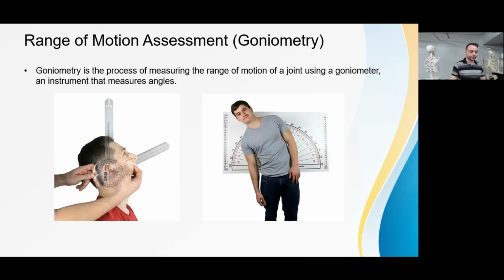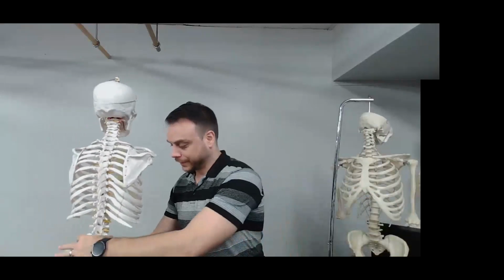So remember, just a quick brief explanation of this. I know we already talked about that in the previous video, that we always reference these movements from anatomical position as our starting point. So if I put a protractor here with the U down, this is straight down, in this case 0, and I start raising it out to the side.